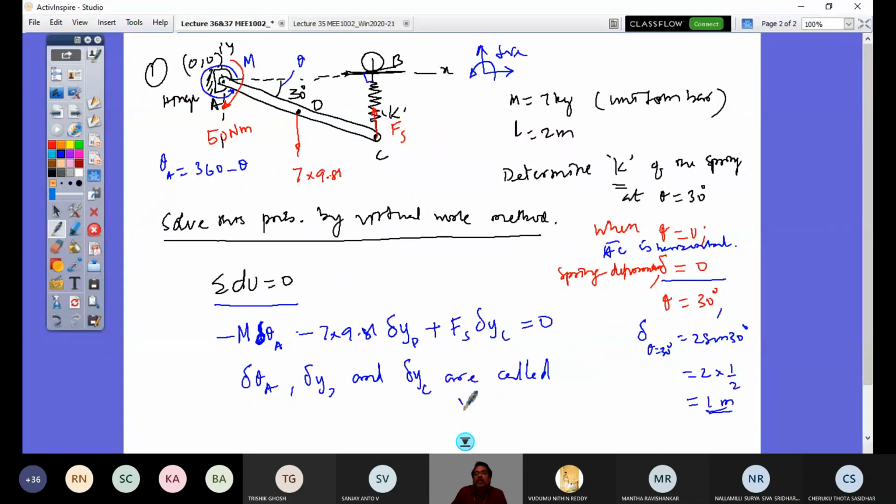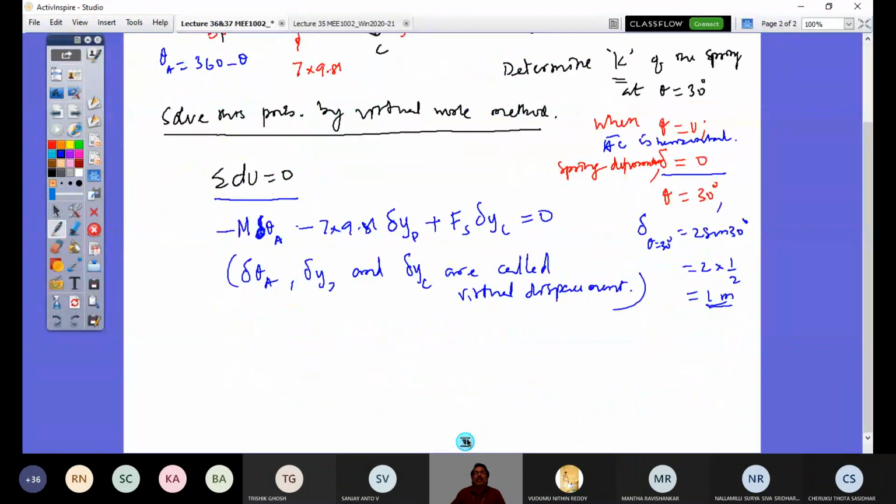How do I find these virtual displacements? They can be found simply by writing the position of application of these forces and couple and differentiating them. That's all. I would first write the position for the couple acting at point A.